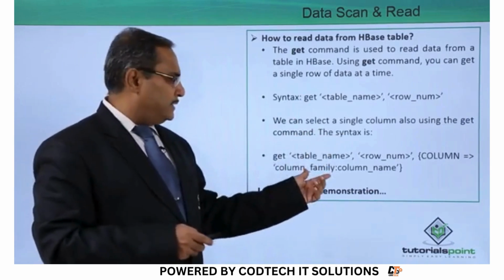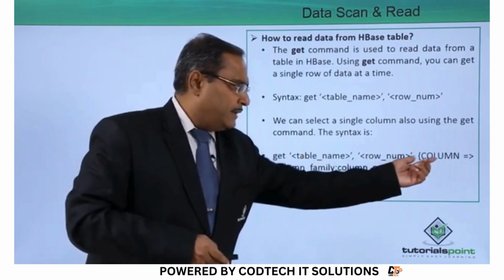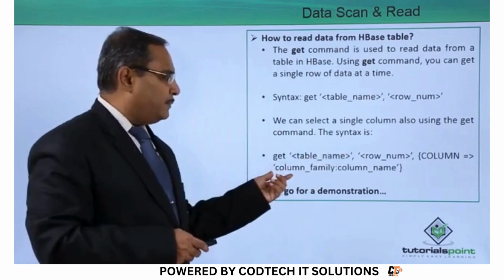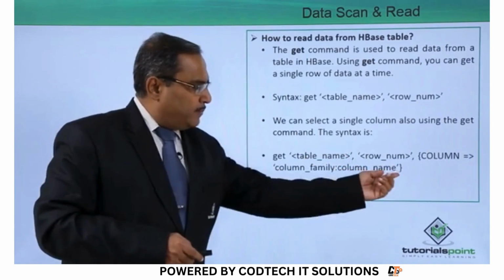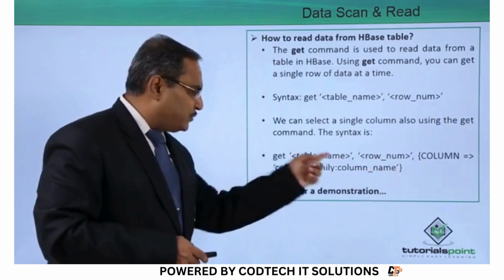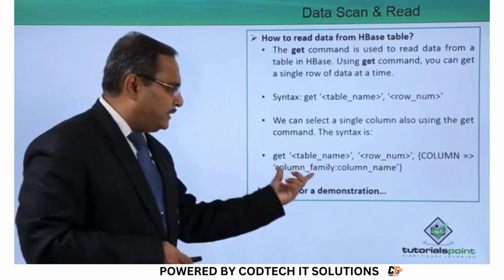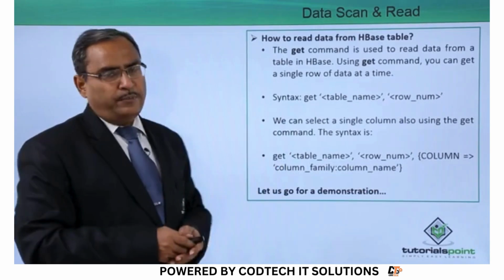The syntax will be like this: get table name, row number, and then within curly braces, COLUMNS implies column family colon column name. Then the curly brace will get completed. So in this way, using the get command, you can select a single column and you can print it.